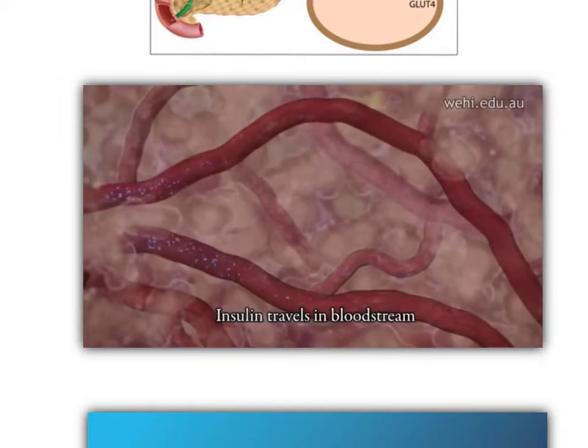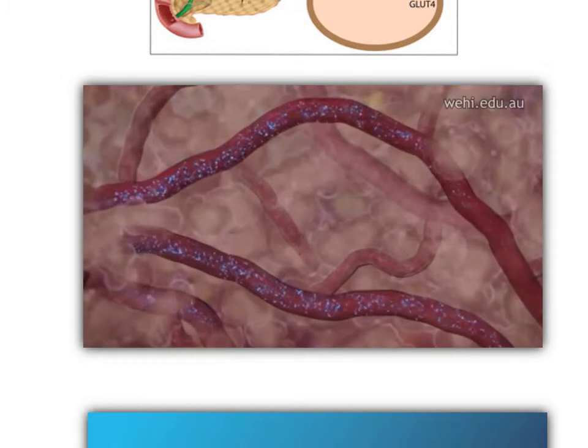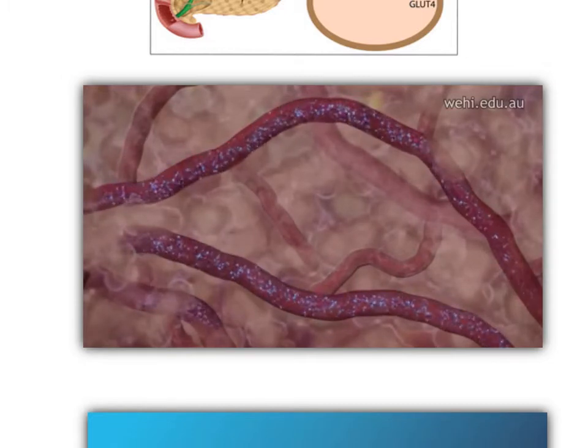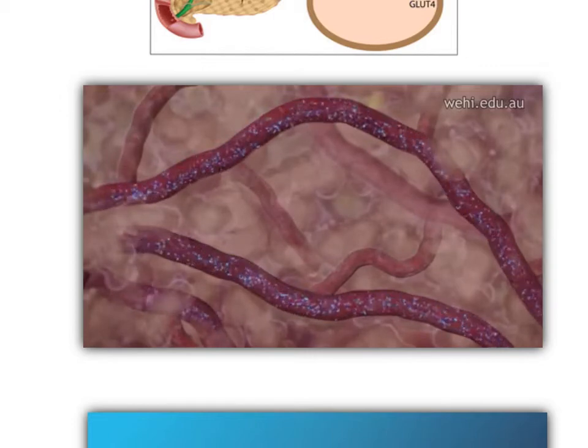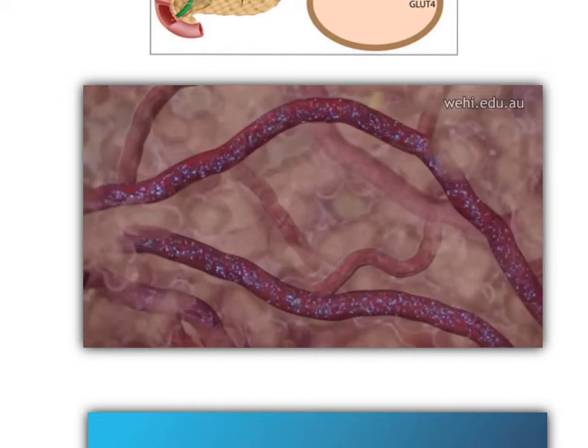Insulin travels to other parts of the body via the bloodstream with three main destinations: muscle, fat, and liver. Insulin helps these tissues to store glucose as an energy source.